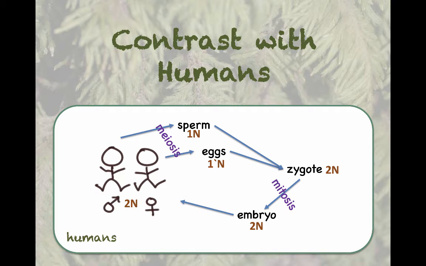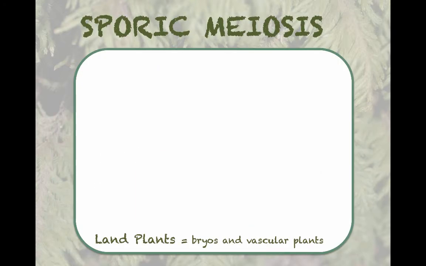Okay, so let's take a look at what happens in the bryophytes, and we're actually going to take a look at moss as an example. And remember that the land plants, we're talking about the bryophytes as well as the vascular plants, they all do this, the whole branch of the phylogenetic tree, the tree of life. So, of course, we're going to start with a spore, because it's sporic meiosis, and it is meiosis that produces the spore, and so, of course, our spore is going to be haploid.